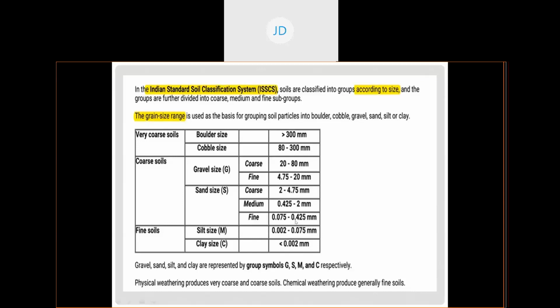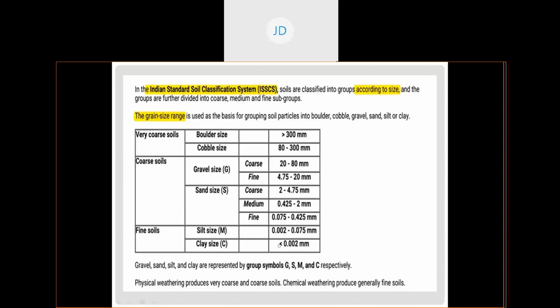Next, 0.075 to 0.425, like that. At the very top it increases up to greater than 300 millimeter. Why have I given this? Because based on the sizes, the soils are classified under different heads.